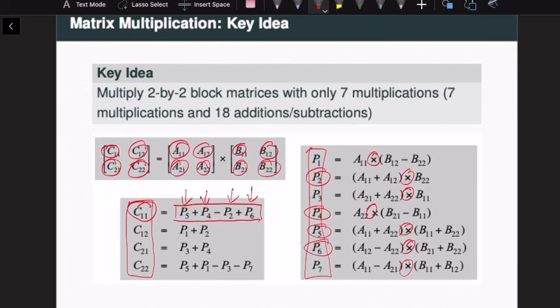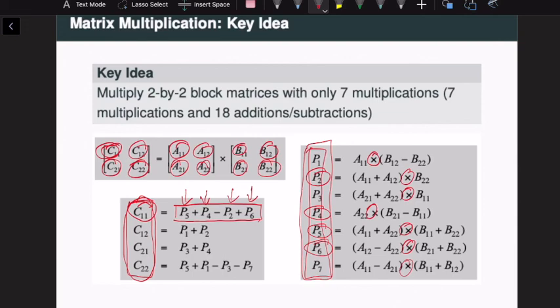This is very interesting because it means we shouldn't be calculating C11 directly. We can calculate each one of these P1 through P7 directly, and then once we have those, we're able to calculate each one of those C blocks of n divided by 2 by n divided by 2 entries.